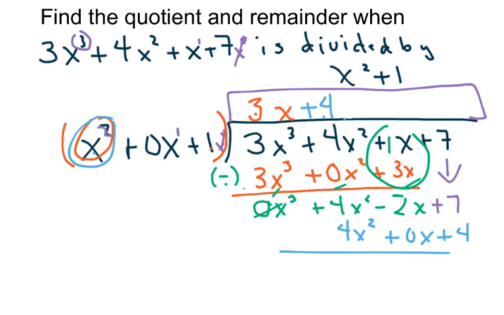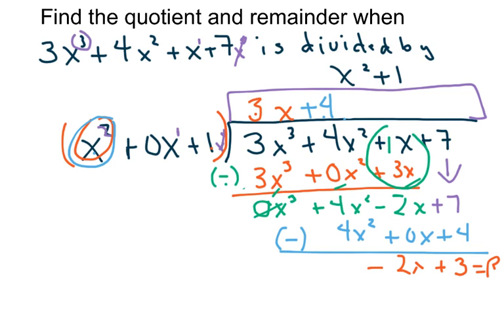Now we're going to subtract the whole thing. When you subtract, you're going to get negative 2x. 7 minus a positive 4 is plus 3. Okay? So our equation is, if we write it all out, this is your remainder here.